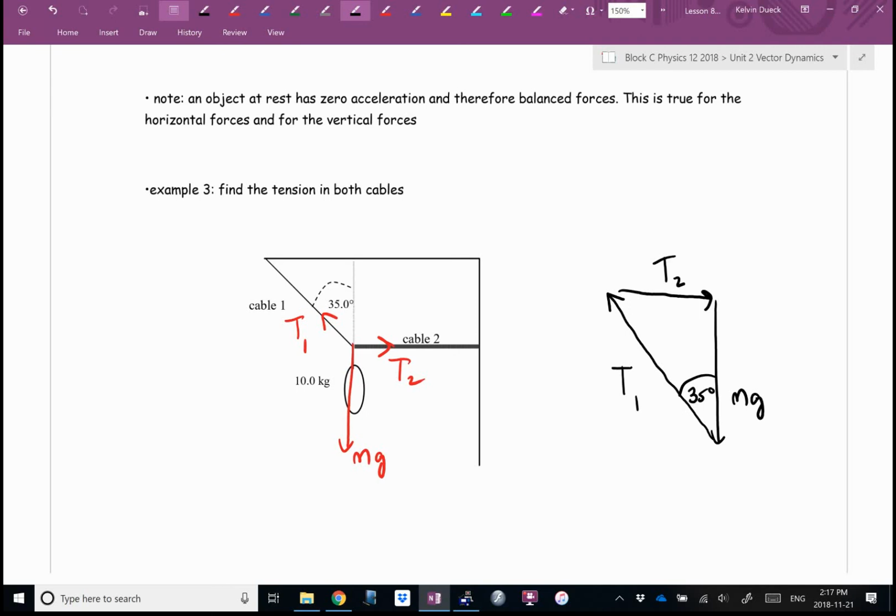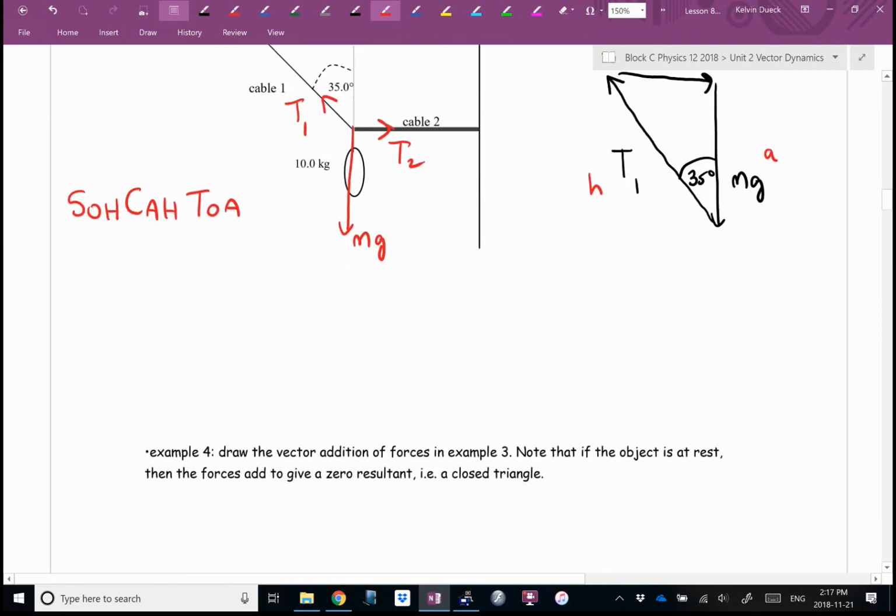Tension 1, opposite, adjacent or hypotenuse? Tension 2, mg. Since we haven't done this in a long time, maybe we should write the word SOHCAHTOA on the page.